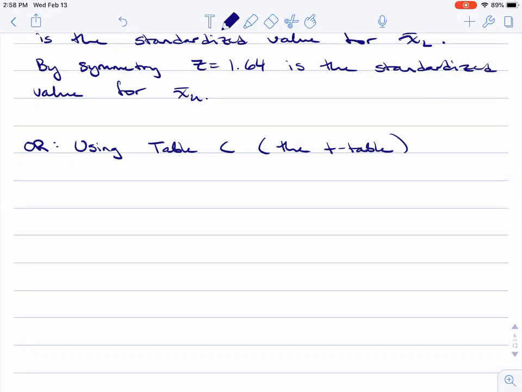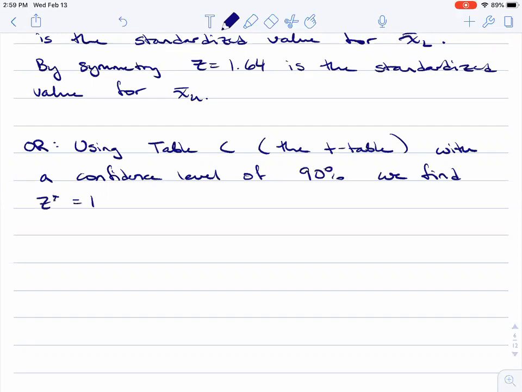Using table C with a confidence level of 90%, we find Z star is 1.645.